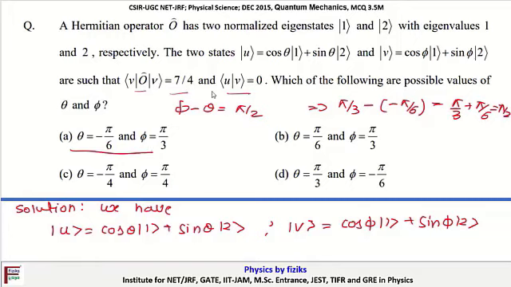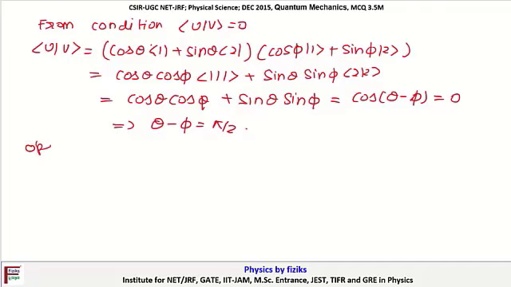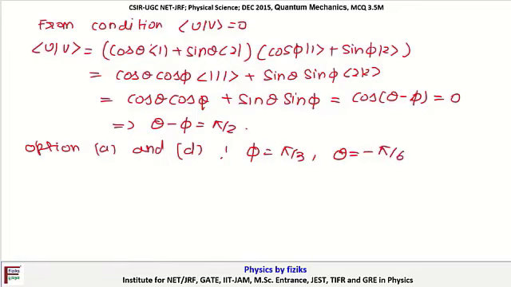That means option A and option D, that is phi equals pi by 3 and theta equals minus pi by 6, satisfy the above condition.